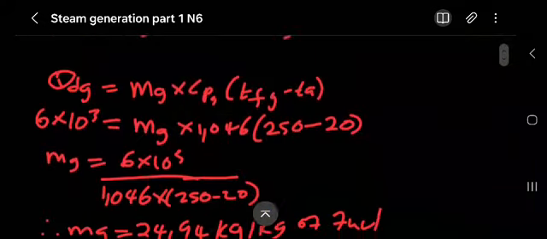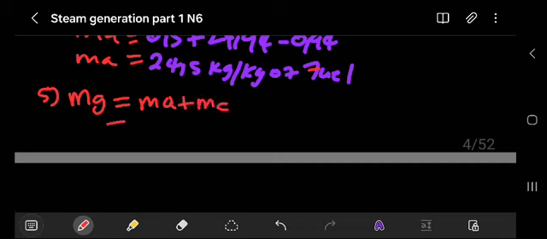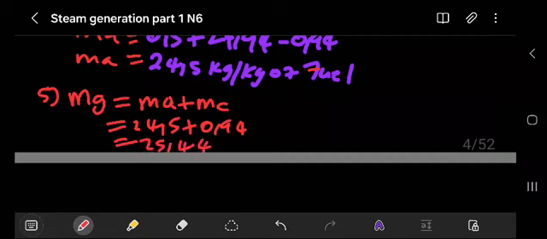Total mass of the flue gases must be equal to the mass of the air plus the mass of the combustible fuel. The mass of the air is 24.5, the mass of this is 0.94, then this will be 25.44 kg per kg of fuel.